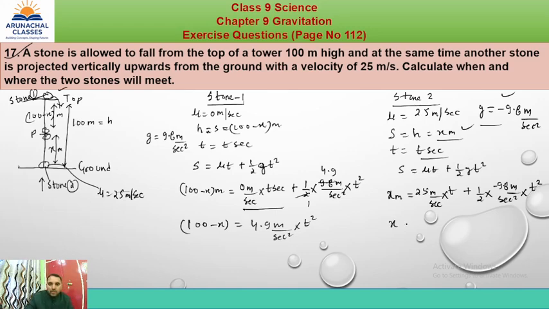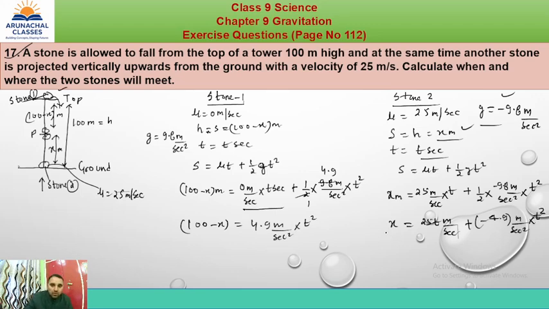Now x will be equal to 25t minus 4.9 t square.